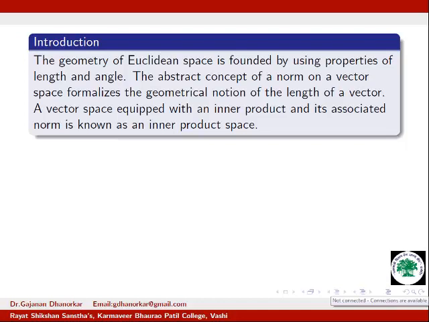Geometrically, what is the Euclidean space and how it is formed, we will discuss. First of all, we will discuss the Euclidean space, its properties, and how we get the Euclidean norm, and all these things here.